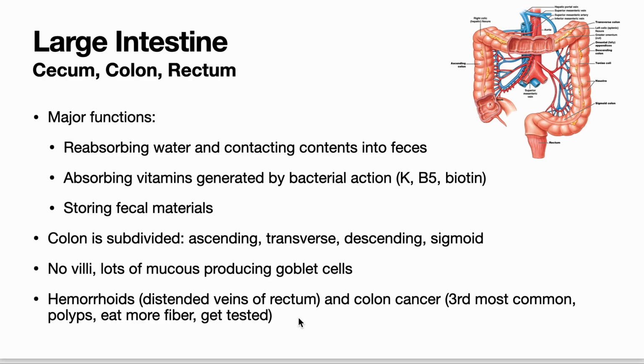intervention. Another clinical situation connected to the large intestine is colon cancer, which has become the third most common cancer and is showing up at a much higher rate among people under 40 than it ever did before. So that's a little bit concerning.